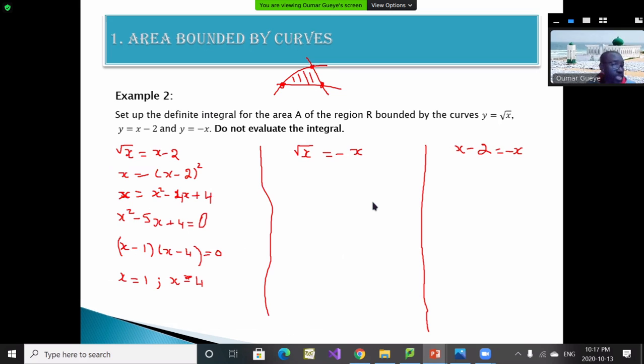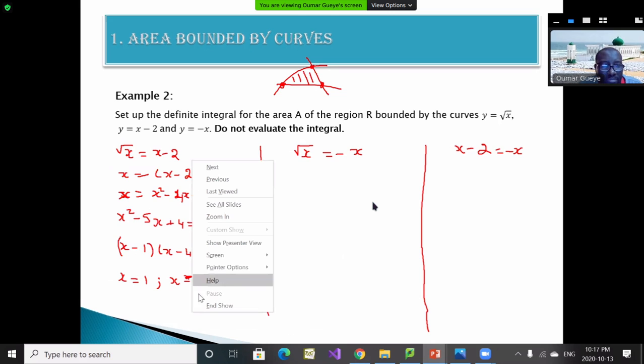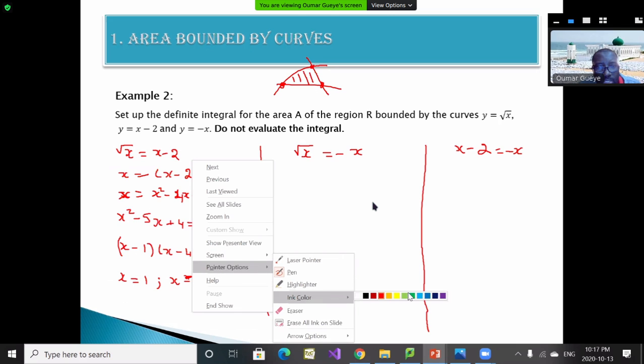Since my initial equation involves the square root, I have to double check if my solutions satisfy the initial equation.